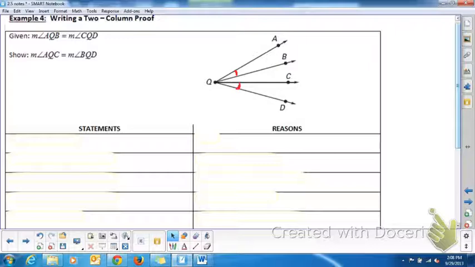We want to show that the measure of angle AQC is equal to the measure of angle BQD. So it's along the same lines as the proof we just did, because we want to use this angle here in the center, angle BQC.